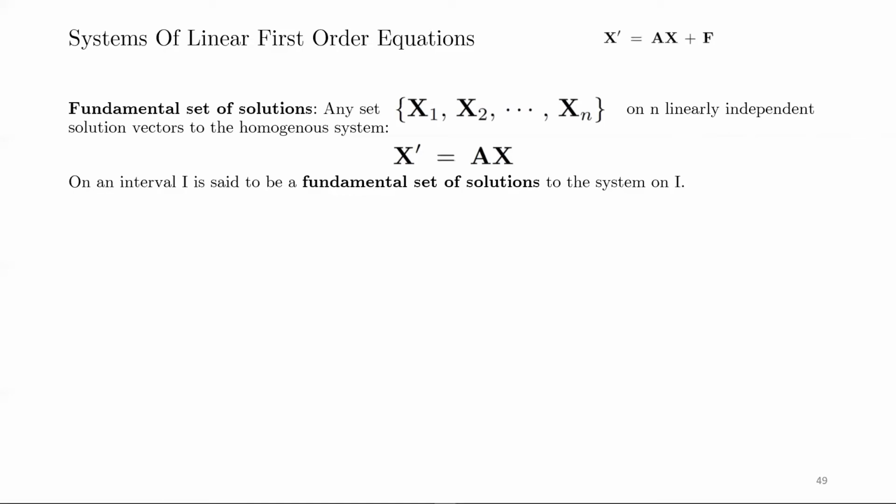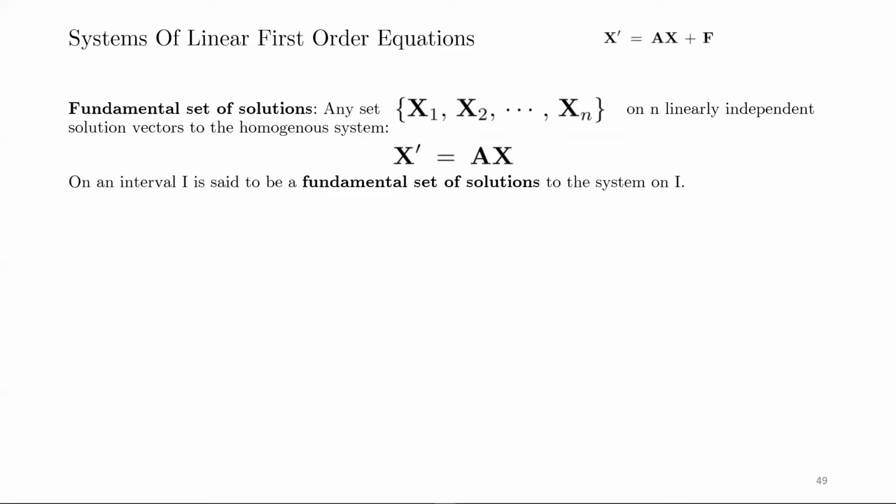So exactly the same way as in the scalar case, if we had n linearly independent solutions to the scalar ODE, then we had a fundamental set of solutions. It's exactly the same here, except our solutions are solution vectors instead of scalar functions.